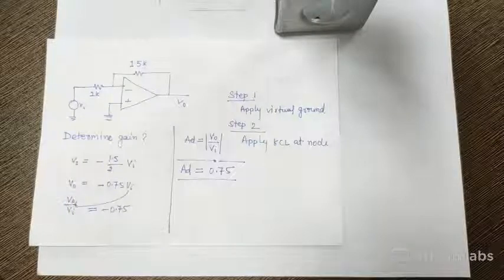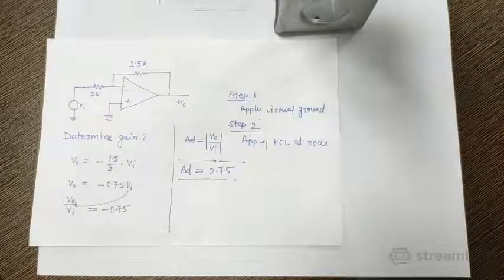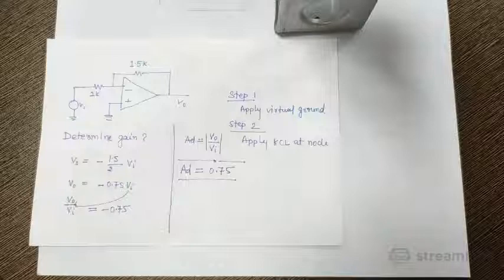Definitely the output will come. So here it is 0.75. This is the idea of how the gain of any circuit can be calculated. In this way you can calculate the gain of any circuit which has been discussed previously in this class.